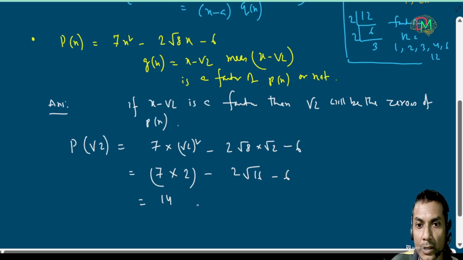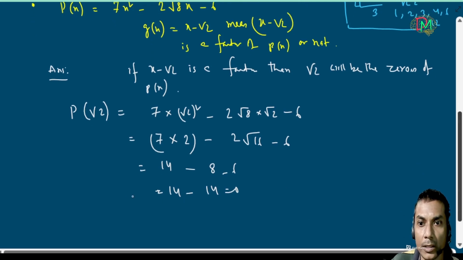So this is 14, and this is 8, because root 16 is equal to 4, 4 times 2 is 8, minus 6. So 14 minus 14 is equal to 0. So it is satisfied. Means root 2 is a zero of the polynomial p(x).